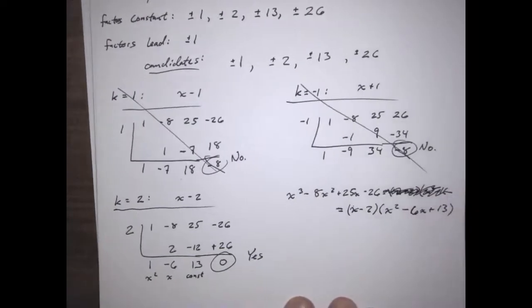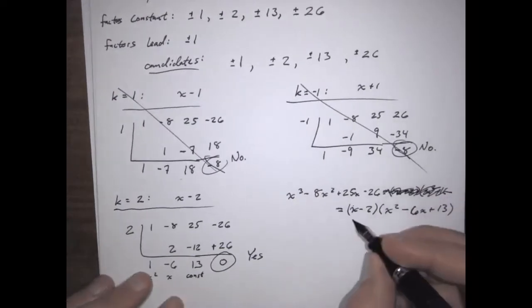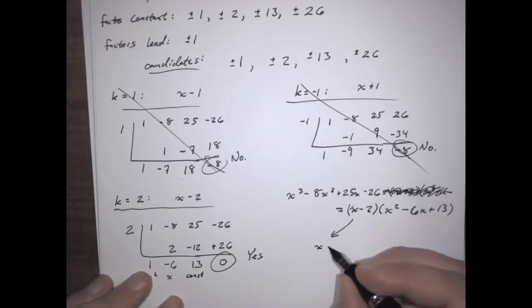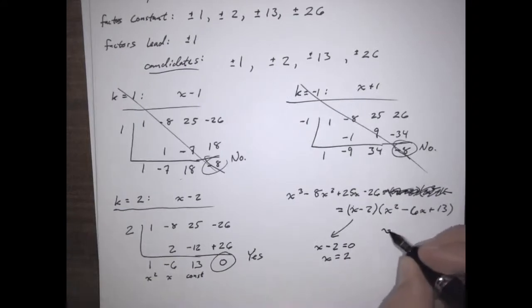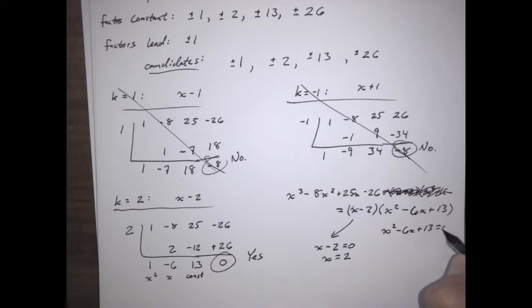And if that's going to equal 0, that's going to mean two things. x minus 2 has to equal 0, which means x equals 2, or x squared minus 6x plus 13 equals 0.